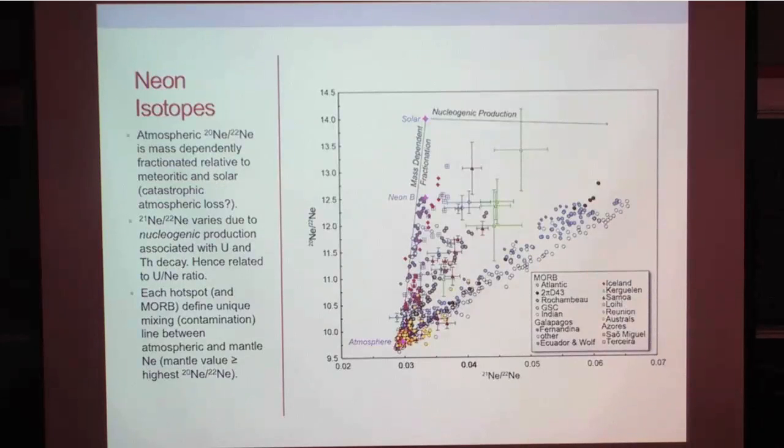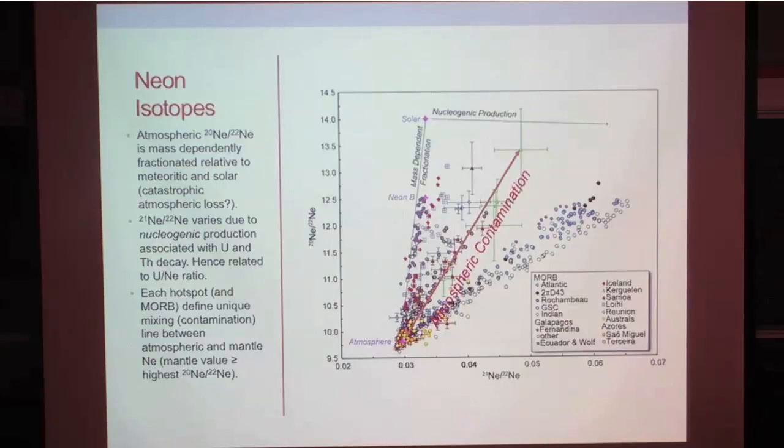Okay, so helium's relatively easy to measure because there's a relatively large amount of it in, at least, submarine erupted samples, and you don't have to worry much about atmospheric contamination because the atmosphere hardly has any helium. Neon's a much trickier thing to measure, and basically you could probably assume that everything you analyze in terms of basalts or their inclusions is somewhat contaminated with atmosphere.